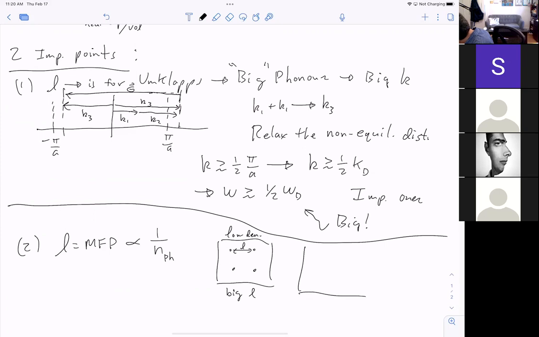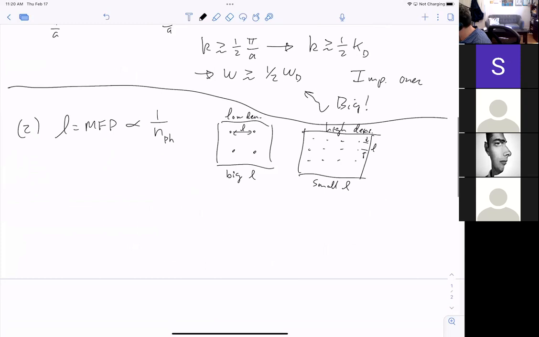But on the other hand, if I have a high density of phonons, you see lots of them, then the distance between them is going to be small. So that's L. And so then we're going to have a small mean free path. There's better ways to make that argument, but that's the basic argument.